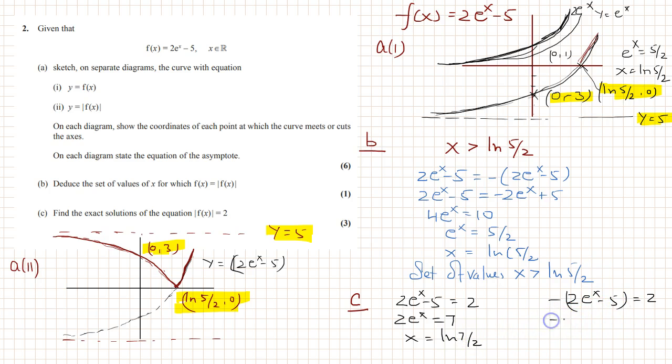And this is minus 2e^x is equal to, this is plus 5, minus 5, so minus 3. So x will be ln(3/2). So these are the exact solutions.